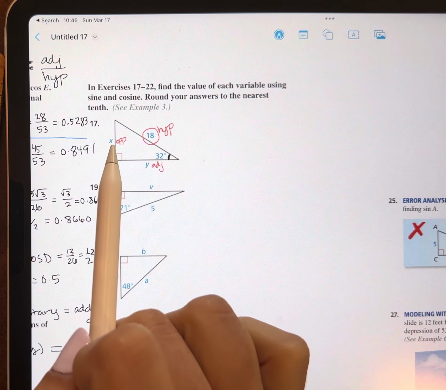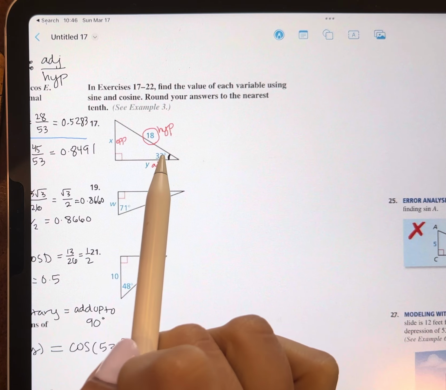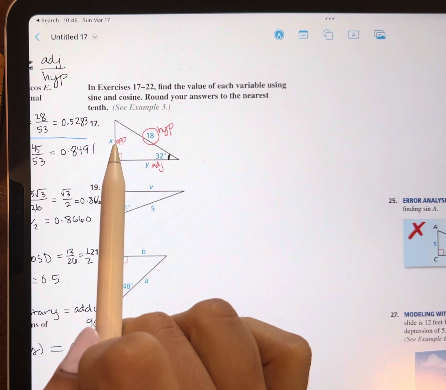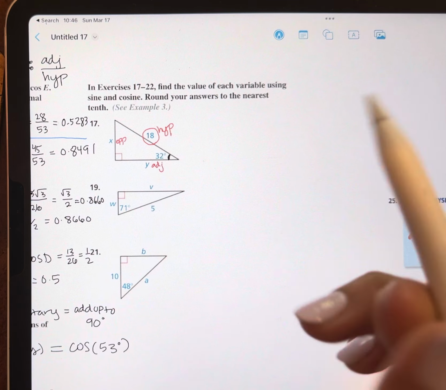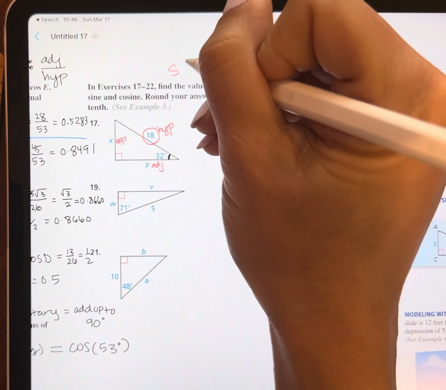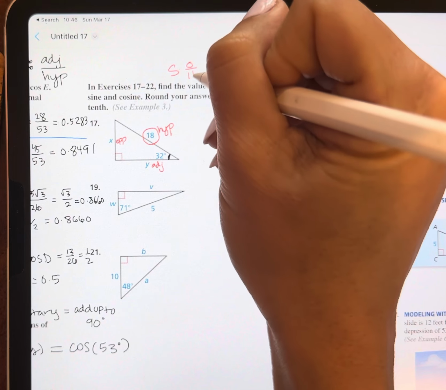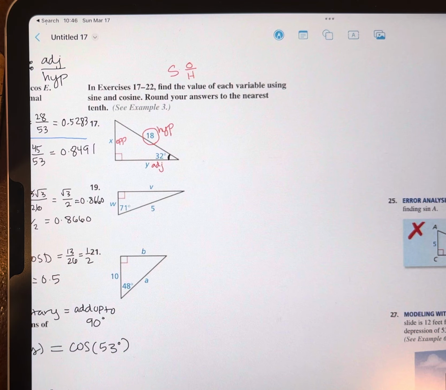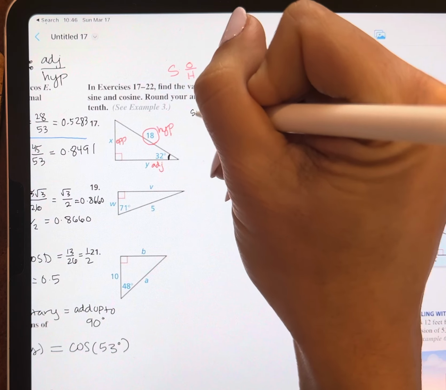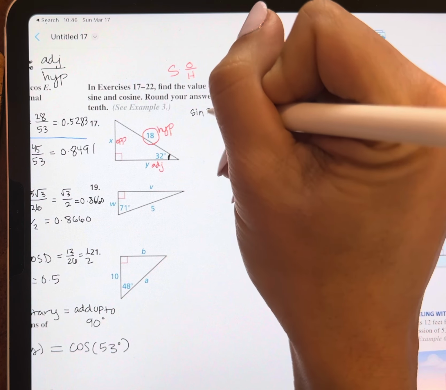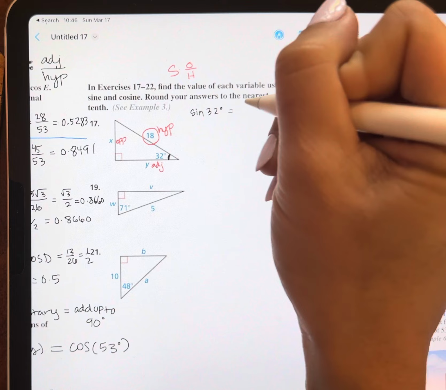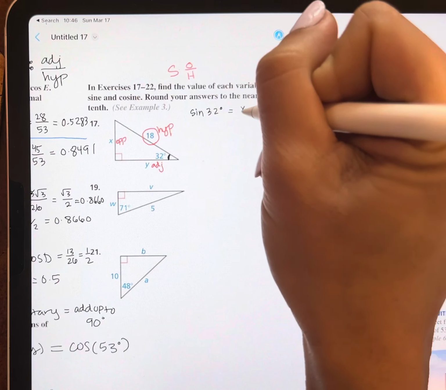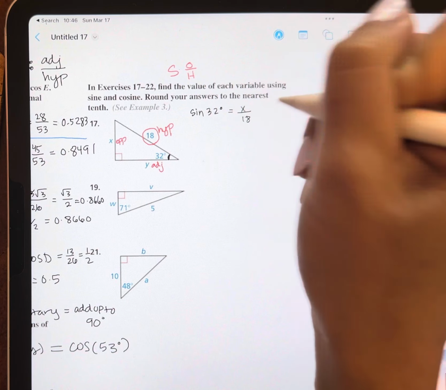So if I wanted to solve for x, I would be looking at opposite and hypotenuse. Opposite and hypotenuse is sine. So I'm going to set up sine of 32 degrees, and that equals the opposite, which is x, over the hypotenuse, which is 18.